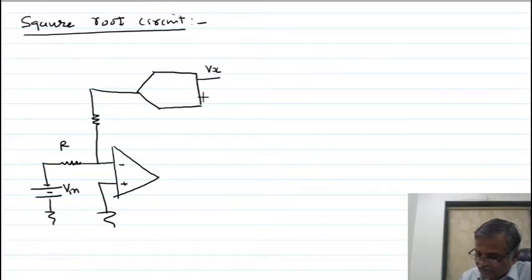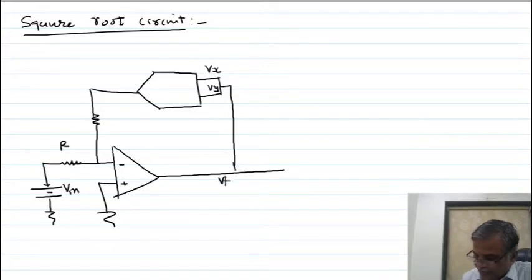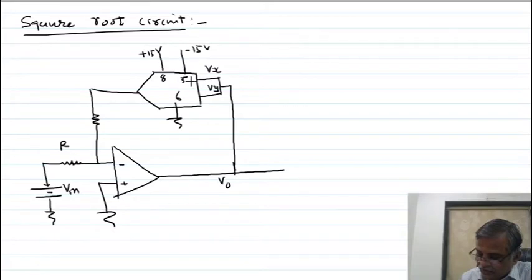This is your Vx, this is your Vy. I am short circuiting them and connecting to the output of the op amp. This is pin number 8 for plus voltage, pin number 5 for minus 15 volt, pin number 6 ground, 1 and 3. This is your pin number 2, this is your 7, this is R.